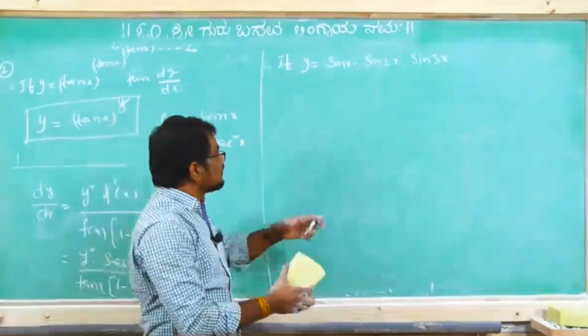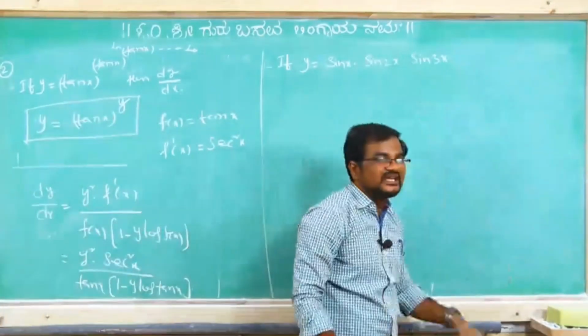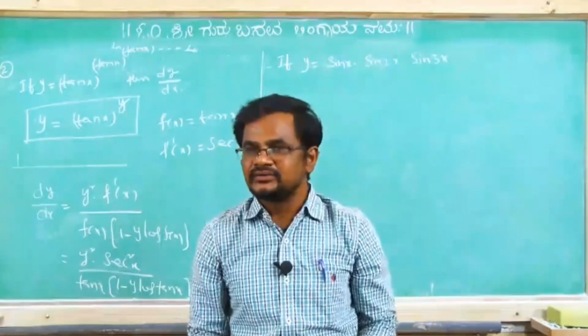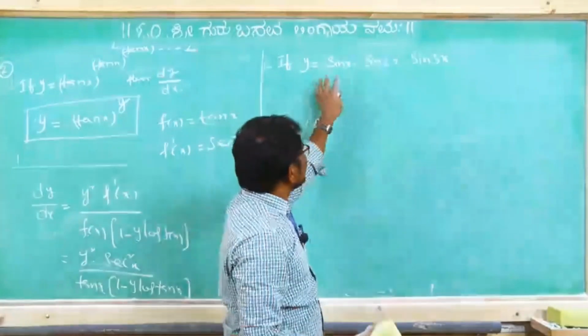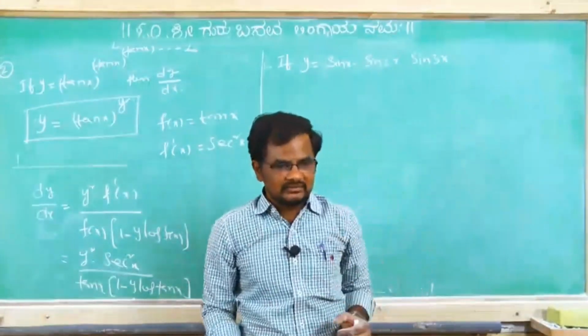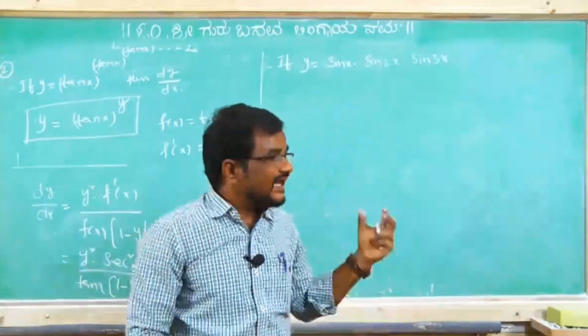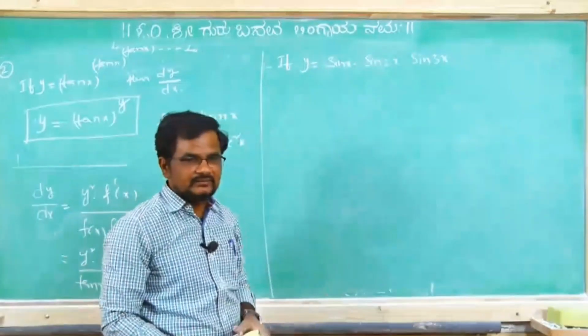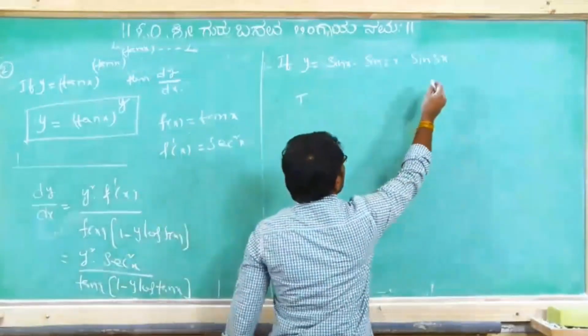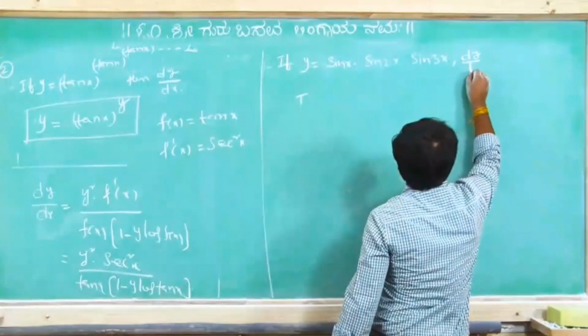So what do we have to do? Multiple means product of 3 terms are there, sometimes more than that also. You can apply the UVW formula, but if more terms are there, it becomes a little bit complicated. That's why if you take log on both the sides, easily you will get the answer. So here what they are asking is dy by dx.